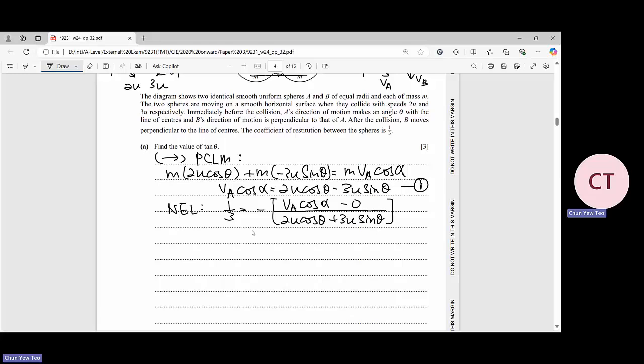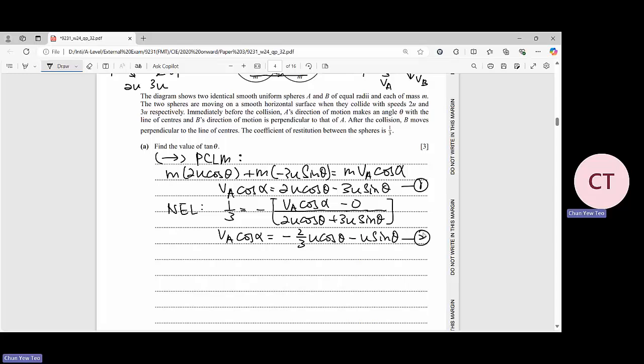So we will have VA cos alpha equal to the negative 2/3 u cos theta minus u sine theta.